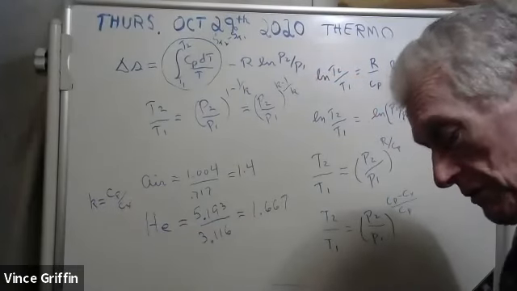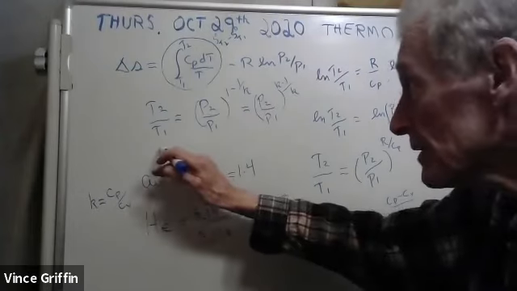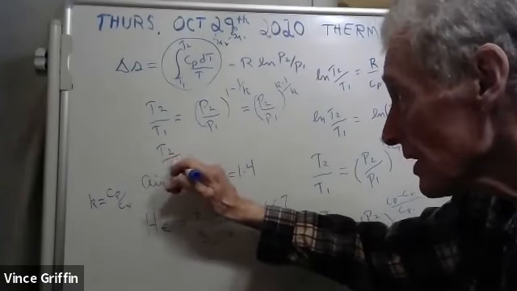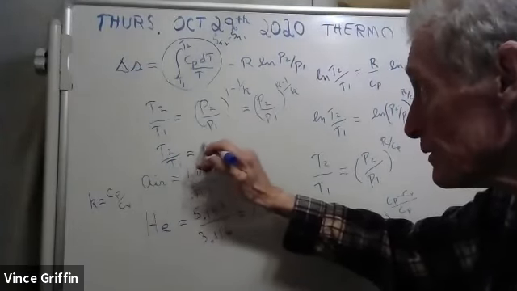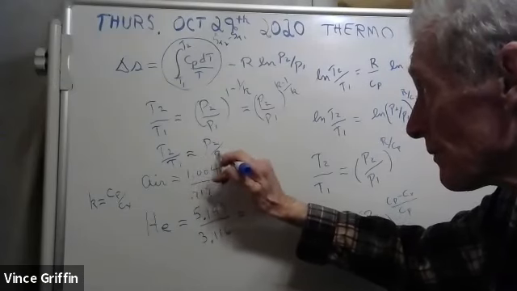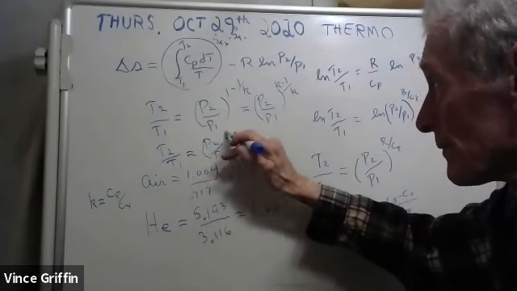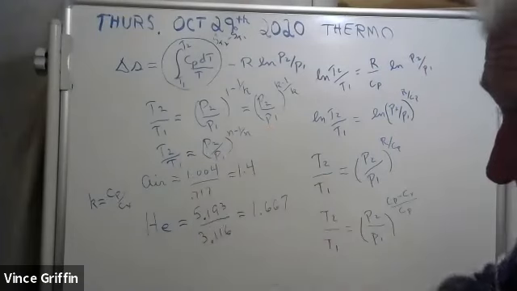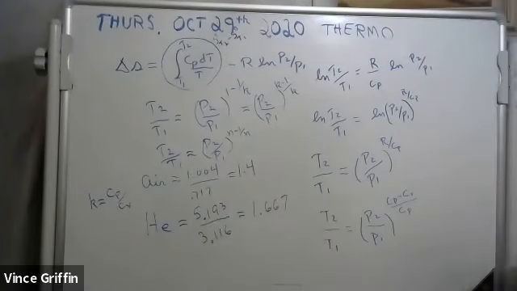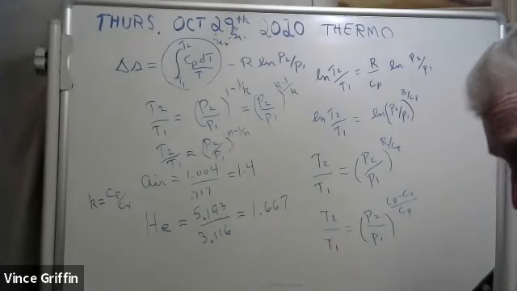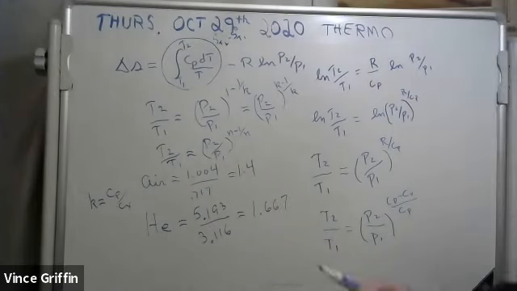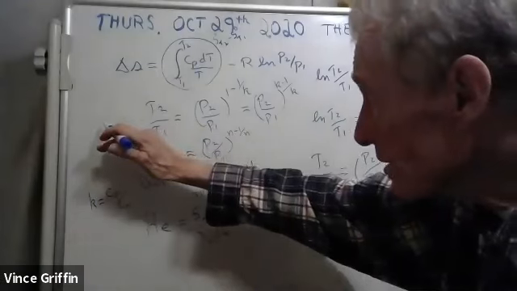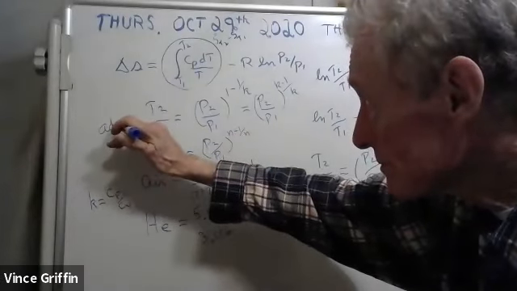We've seen an equation very similar to that. Do you remember? It goes like this. You know what that is? That's a polytropic process. This is an adiabatic process.